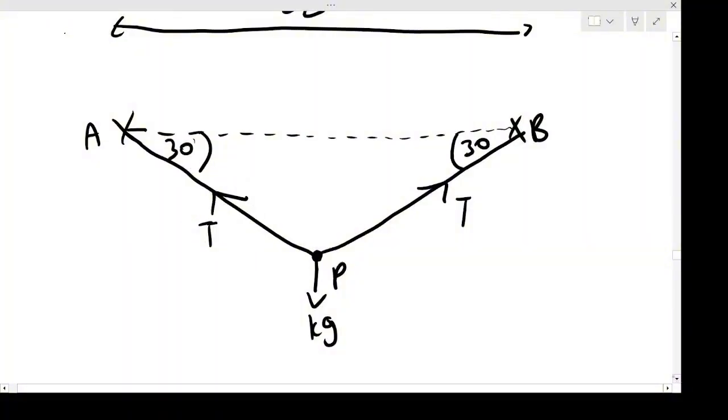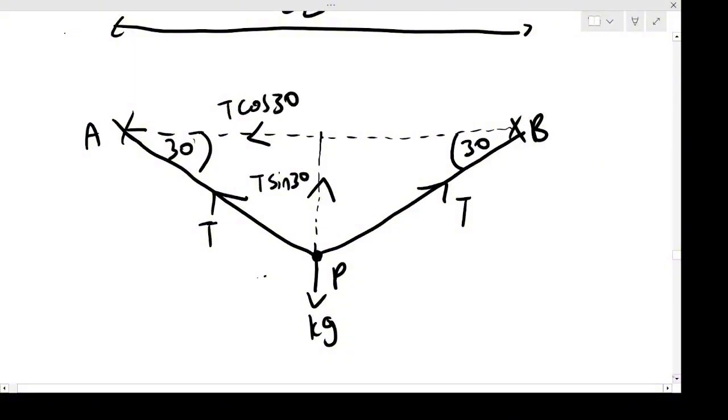Now, if I further do this again, what am I going to have to do? I have my tensions, but I'm going to have to resolve them and split them horizontally and vertically. To do that, if I resolve this tension acting up here, I'm going to have to go up and then to the left. So this side is going to be T sine 30, and this is going to be T cos 30.